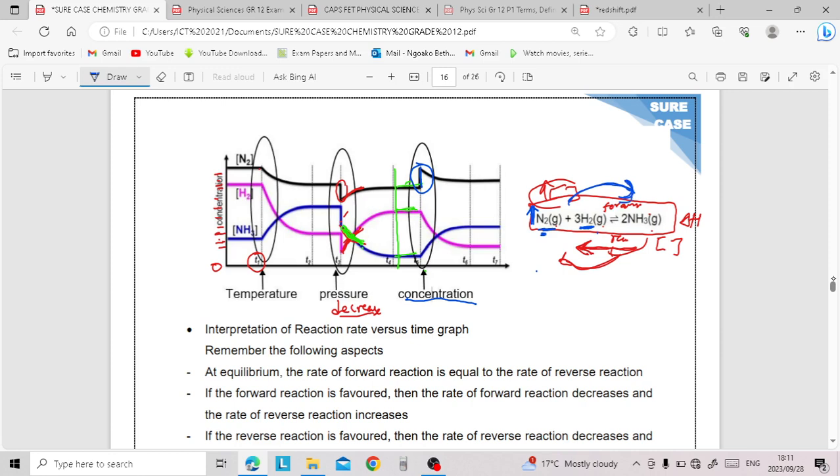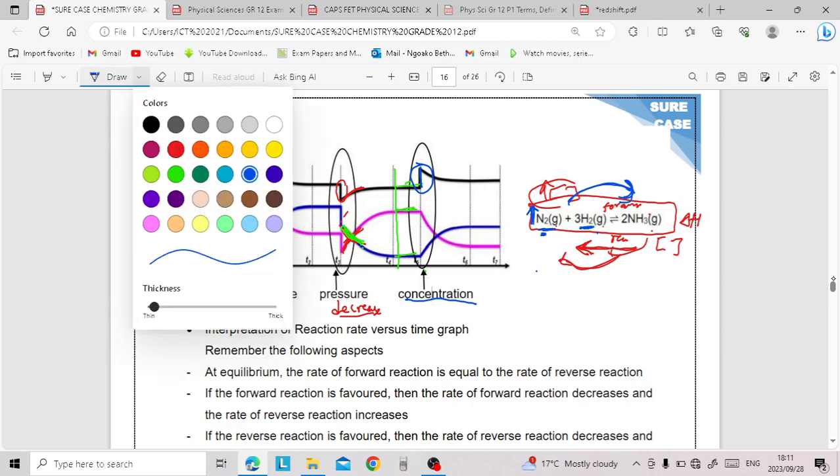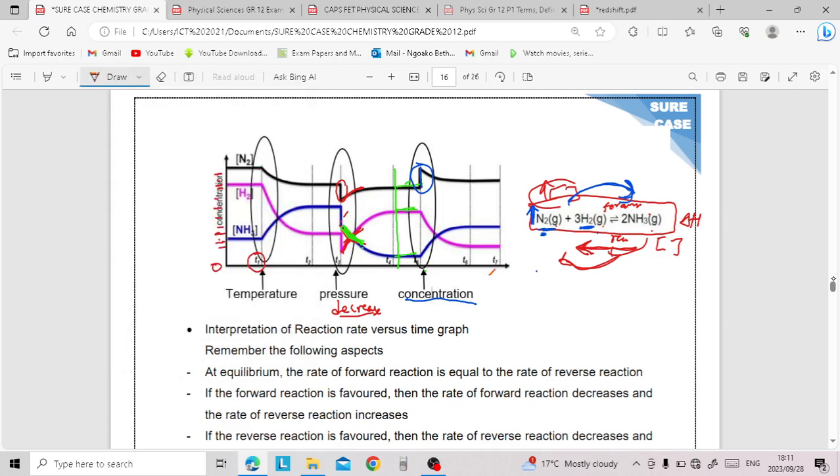So we expect an increase in NH3, and indeed, when we check here we see an increase in NH3. And then the other part: N2 will decrease because it is being used up so that the system can balance. But as it decreases it produces NH3, and it uses H2 as well. That's why H2 also decreases. So the first spike shows there is an addition in concentration.